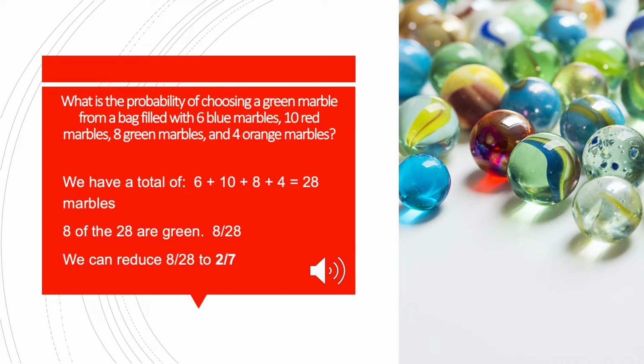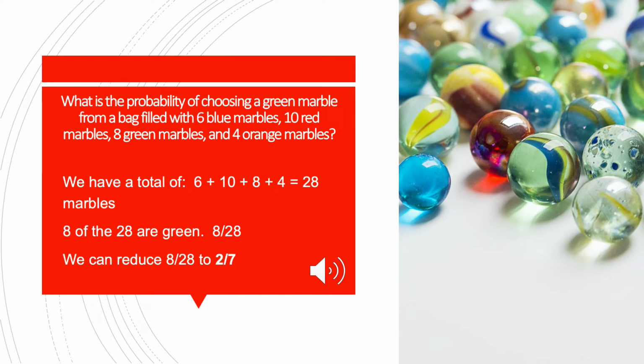What is the probability of choosing a green marble from a bag filled with 6 blue marbles, 10 red marbles, 8 green marbles, and 4 orange marbles? So it's important to first figure out how many marbles we have in total. So we're going to add all of our blue, red, green, and orange.